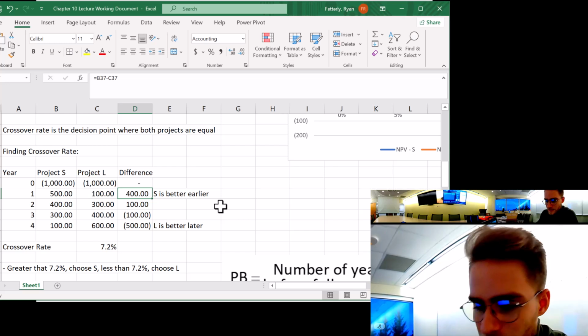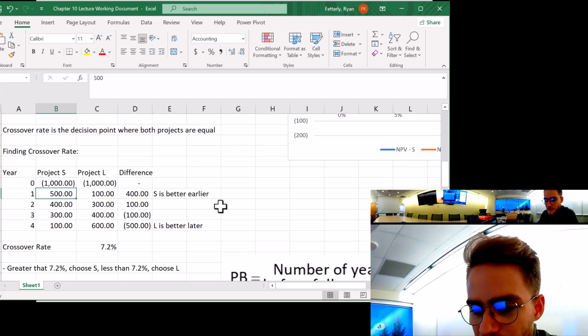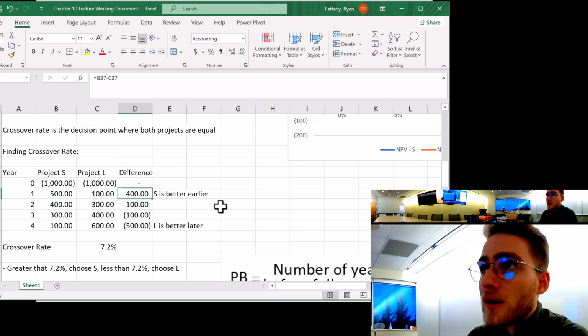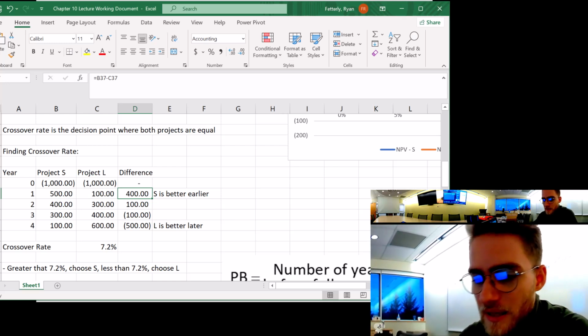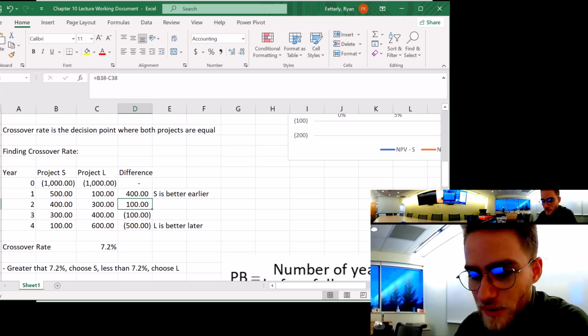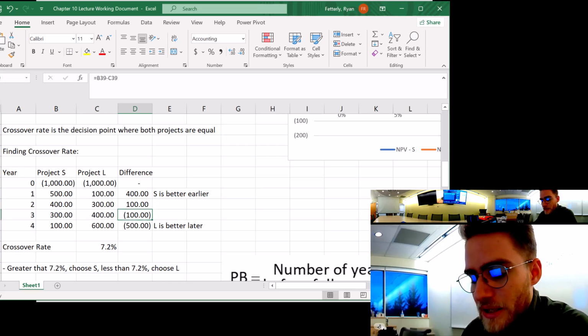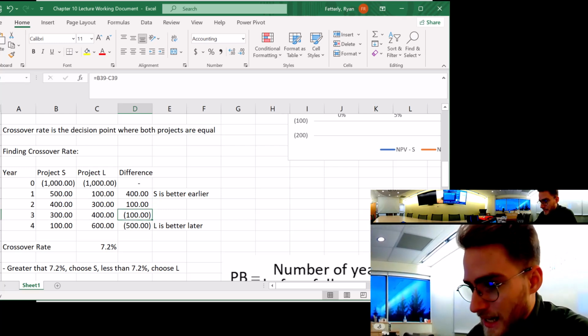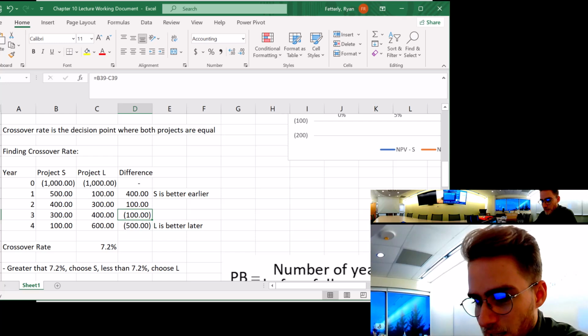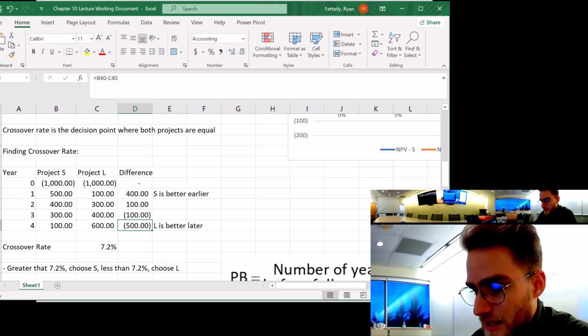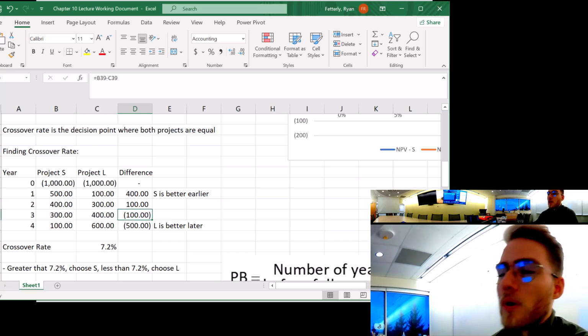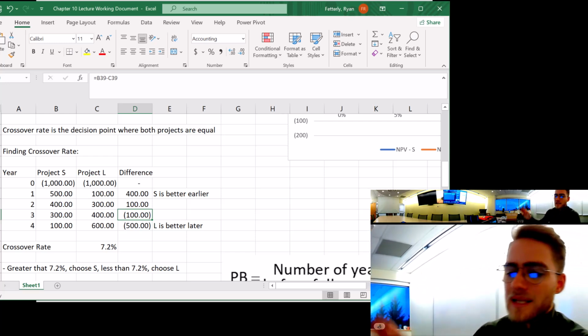For instance, in year one, Project S's cash flows are $400 higher than Project L's cash flows. In year two, Project S's cash flows are $100 higher. Year three, Project L's cash flows are $100 higher. In year four, Project L's cash flows are $500 higher. So you have one that's front-loaded versus one that's end-loaded, right?